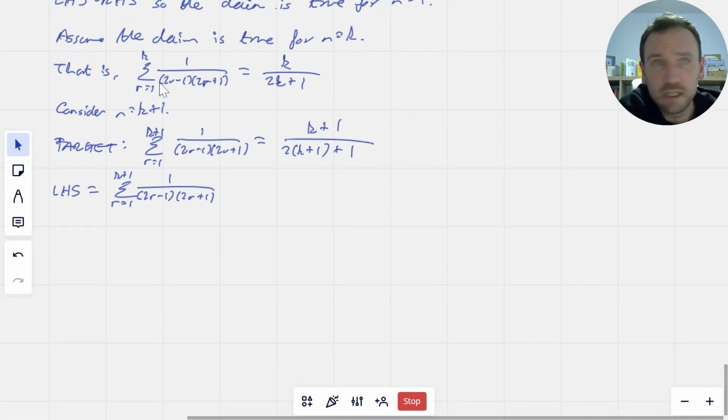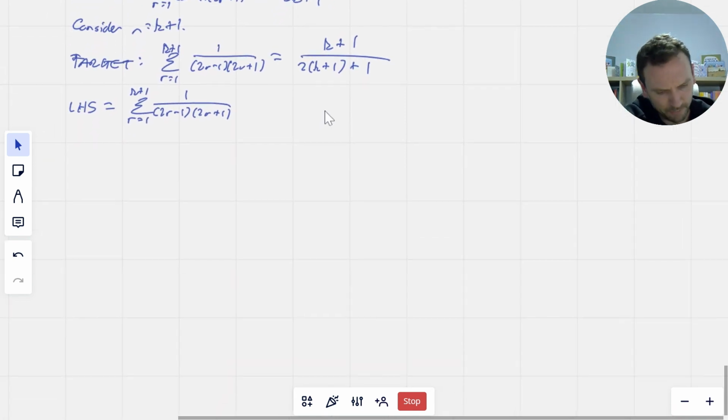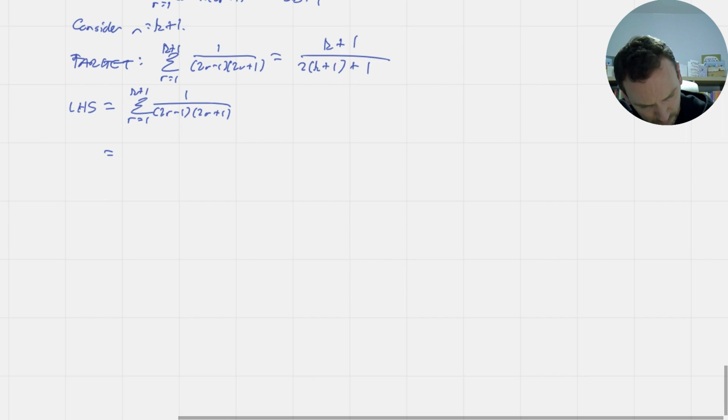Our assumption is that the sum from r equals 1 to k of this thing is k over (2k plus 1). We need to make use of that. The only way we can make use of it is by splitting this up. We can say that the sum from r equals 1 to k plus 1 is the same as the sum from r equals 1 to k of this thing.